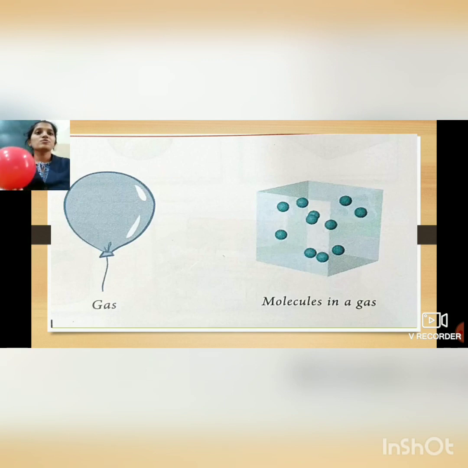Here the molecules in a gas, we can see that they are completely far from each other. That means there is a lot of space available between them. Here also, the air we cannot see, but we know that the air is there inside the balloon, and that's why it is in a gaseous state.